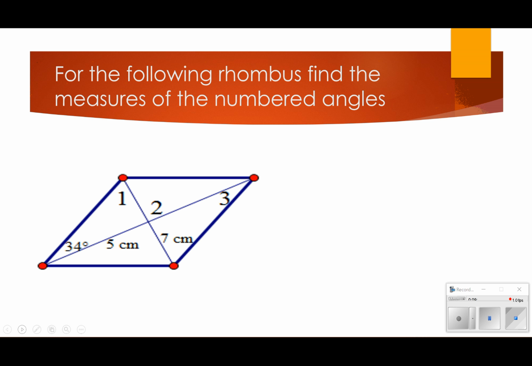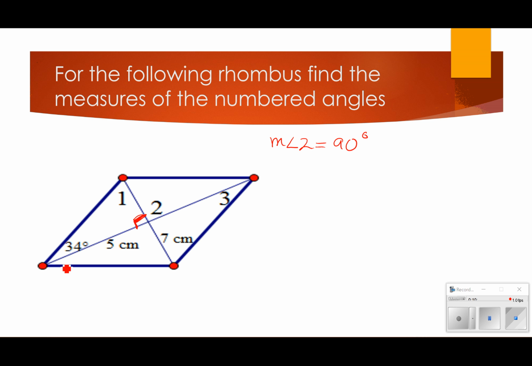I have a rhombus here, and we want to find the measure of its numbered angles. And you guys know me, I don't like to make it so you can definitely start at 1. You could, but sometimes it's easier to start elsewhere. Since the diagonals are perpendicular, that means that all of those middle angles are right. So that means that the measure of angle 2 is 90 degrees. Okay.